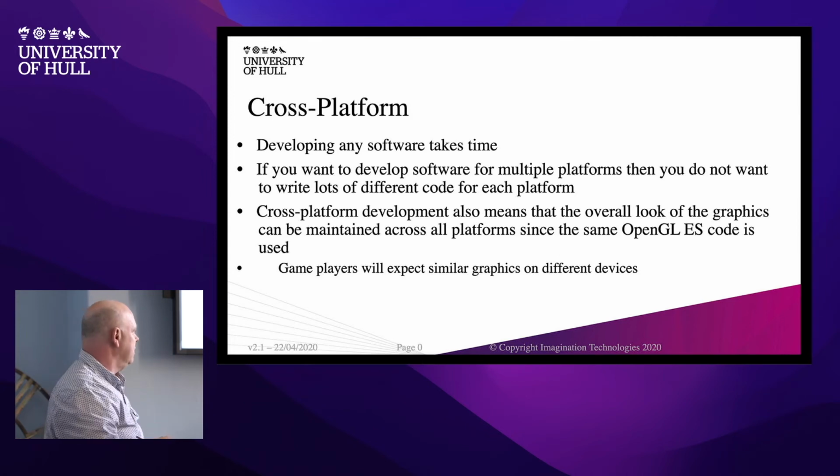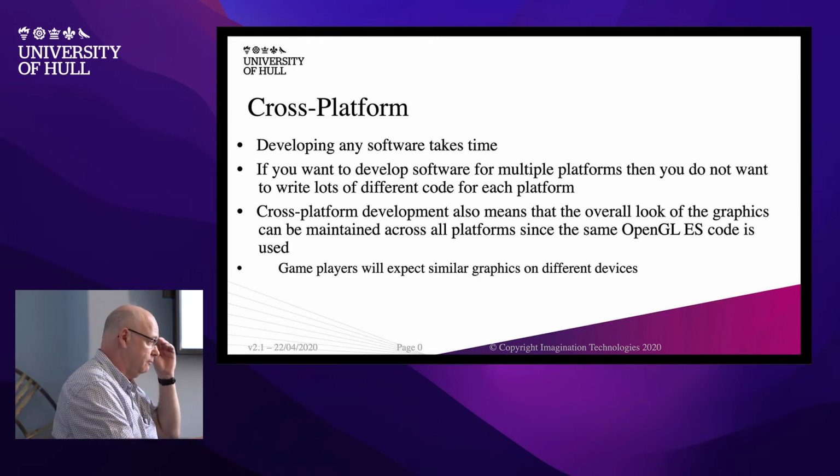There are no changes needed. That makes things so much better. Also, game players expect similar graphics on different devices. If you can take the same code, you might need to profile it and optimize it a little bit, but it's not going to be completely rewritten for each different platform.